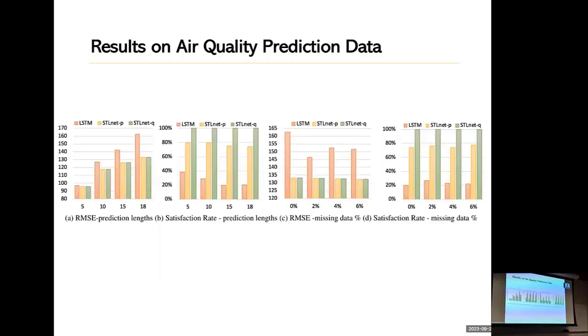Another shortcoming of this paper is that beyond the simulated study, results are a little limited. They did have one data set on air quality prediction, and they look at results here for the prediction length, satisfaction rate, and so on.